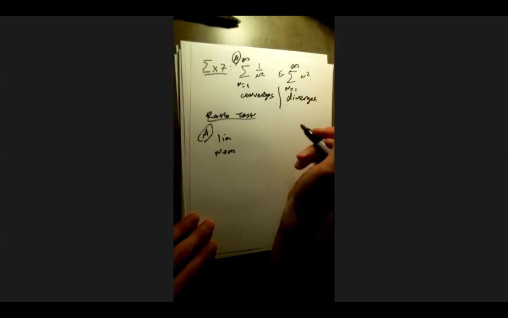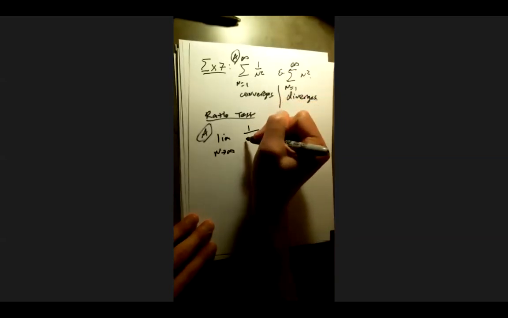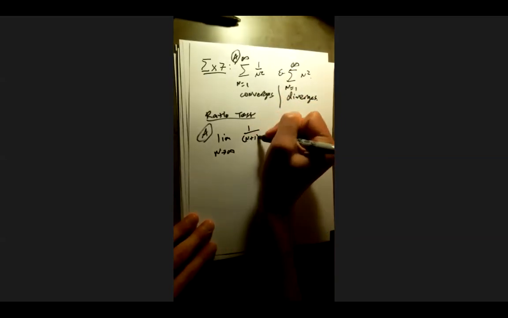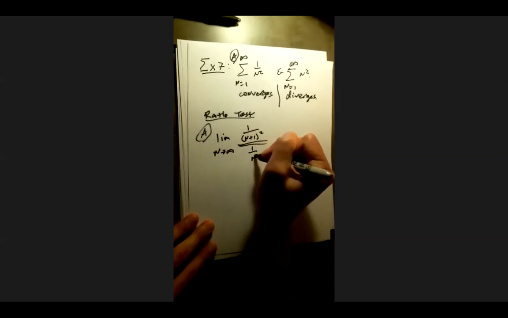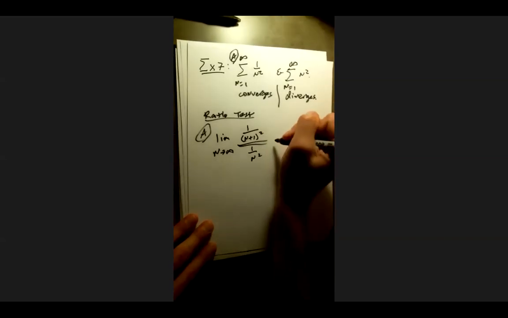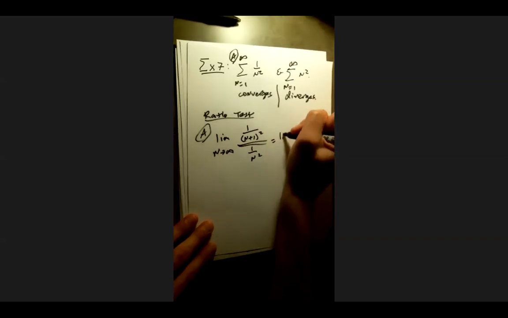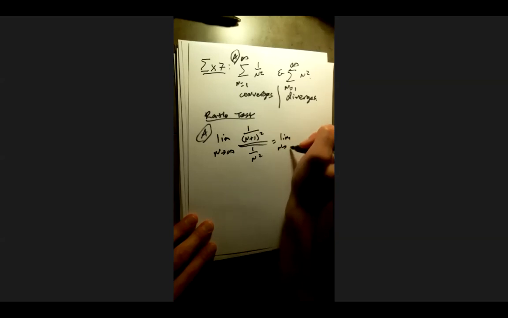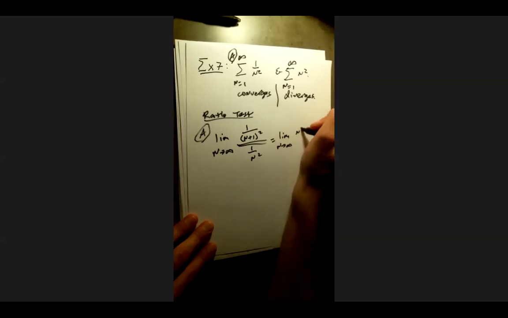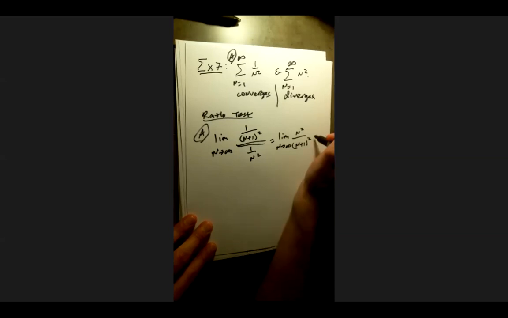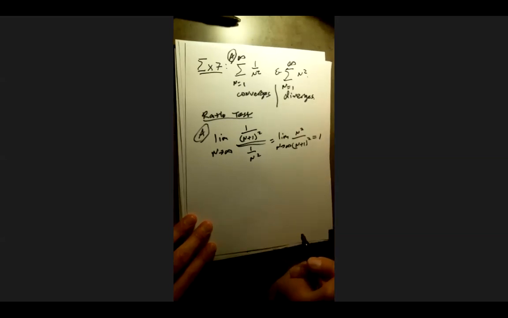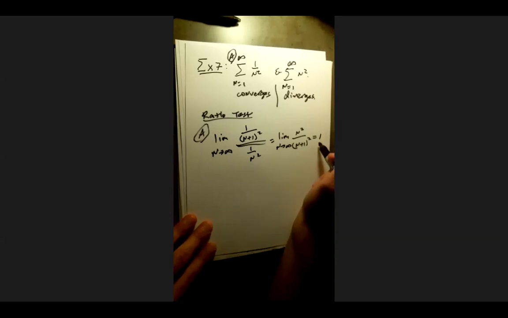I'm going to ignore the absolute value because there's not much to do with it. 1 over (n+1) squared over 1 over n squared, which would be the limit as n goes to infinity of n squared over (n+1) squared. What's this limit going to be? 1. What does 1 tell us?